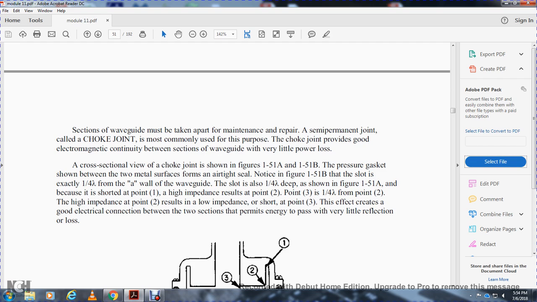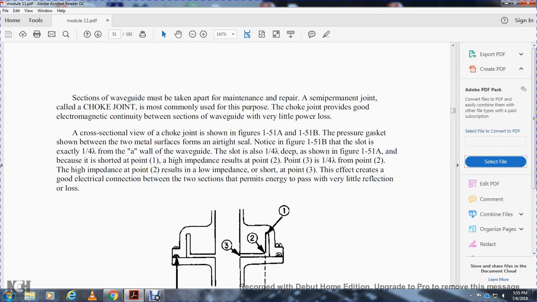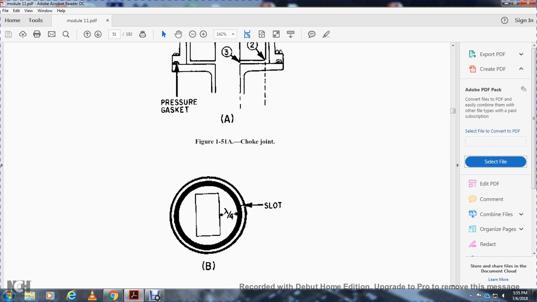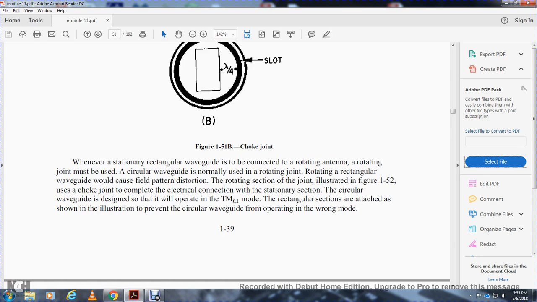Because of the short at point 1, a high impedance results at point 2, which is a quarter wave from point 1. The high impedance at point 2 results in a low impedance short at point 3. This creates a good electrical connection between the two sections and permits energy to pass with very little reflection or loss. Figure 151 shows the choke joint pressure gasket, quarter wavelength and slot.